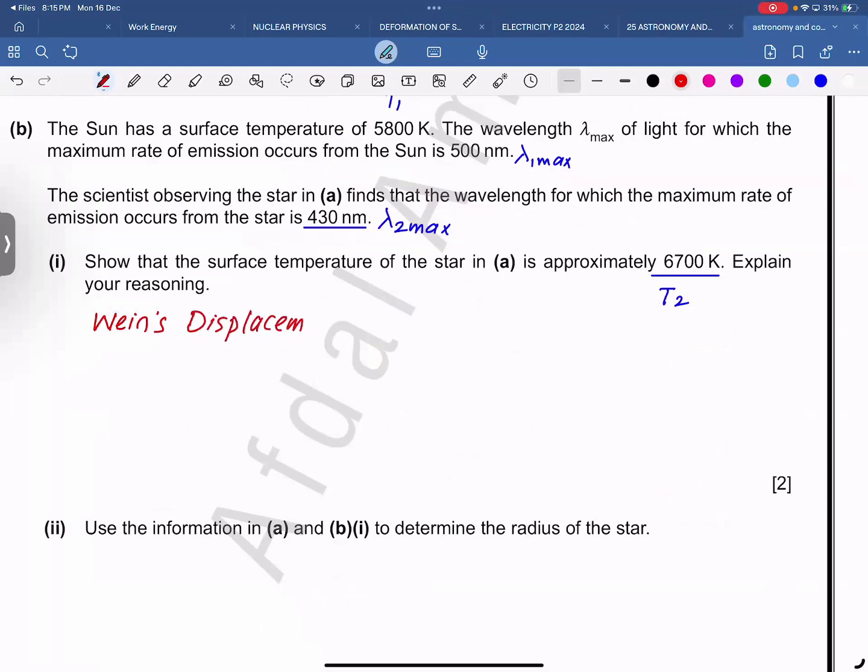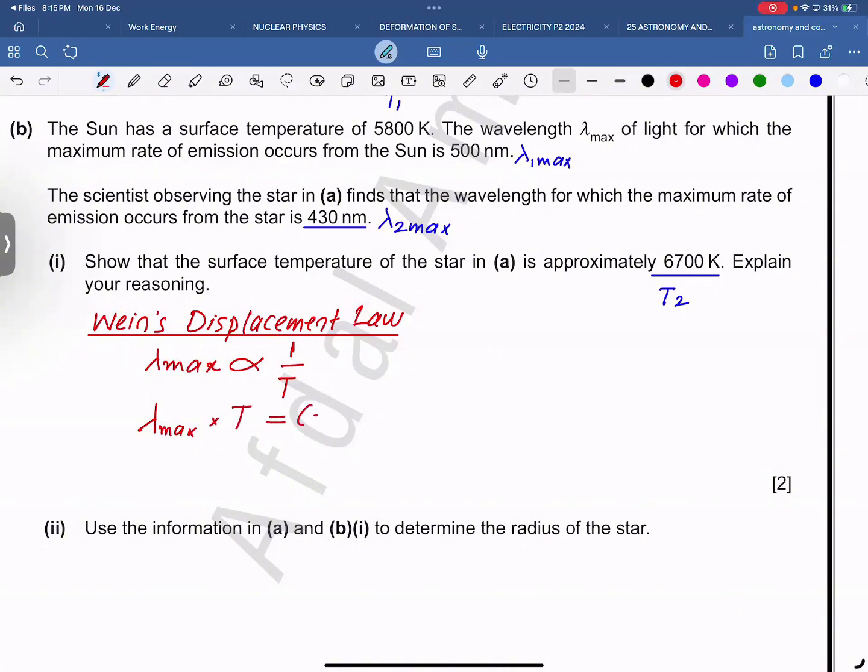So first they are using Wien's displacement law. It says that lambda max is inversely proportional to the surface temperature, right? Now you can write it like this: lambda max times T equals a constant.